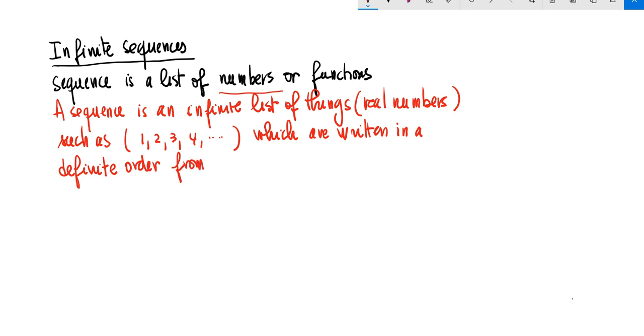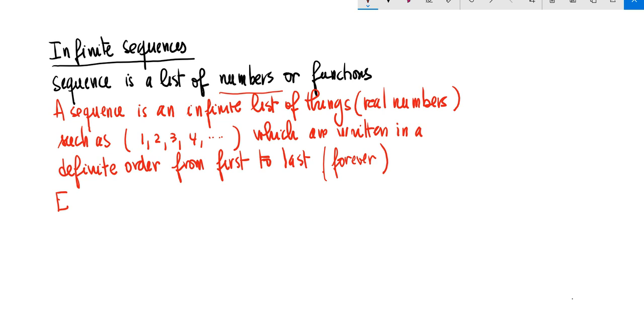From first to last. Only thing here is there's really no last, because we keep going all the way till infinity. For us, we keep going indefinitely, so we'll say forever. Last for us here will be forever.